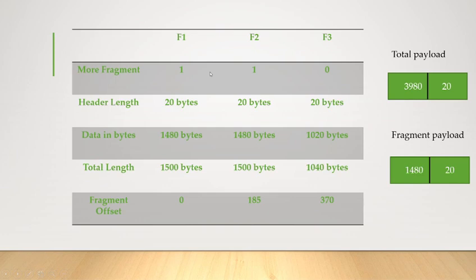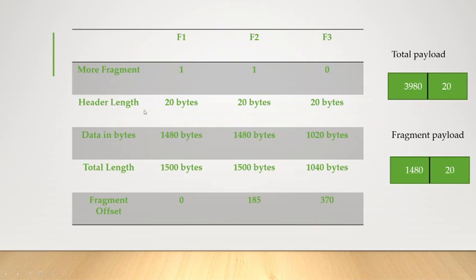In the table we are representing fragments F1, F2 and F3, and there is a more fragments flag which indicates upcoming fragments: if it is set to 1, that means there is an incoming fragment on the way, and if it is set to 0, that means there are no incoming fragments.